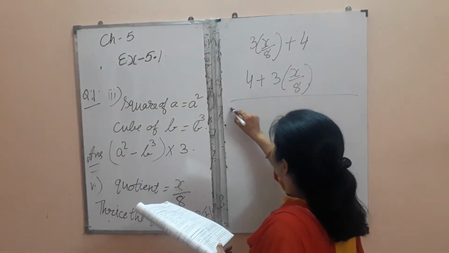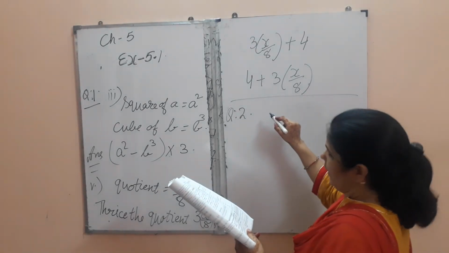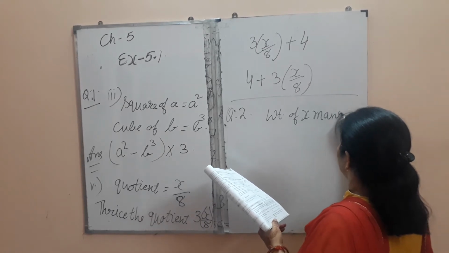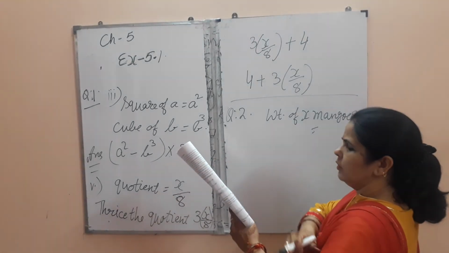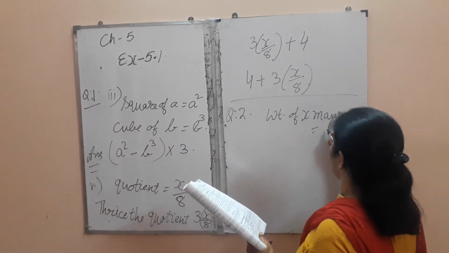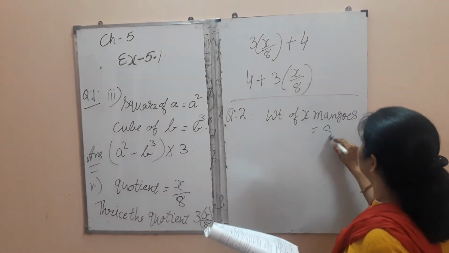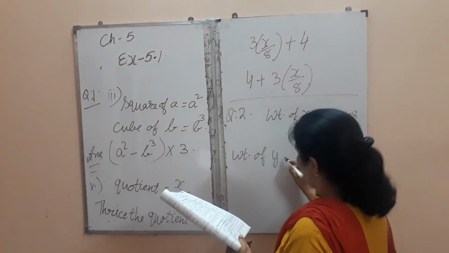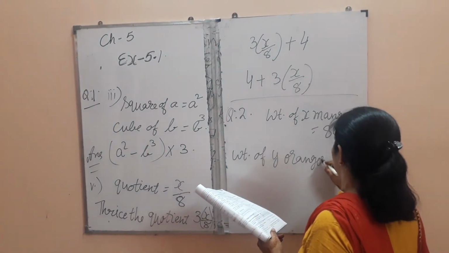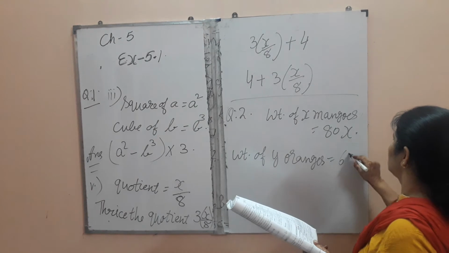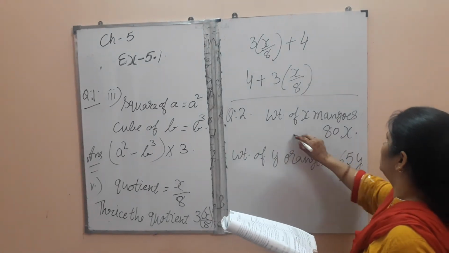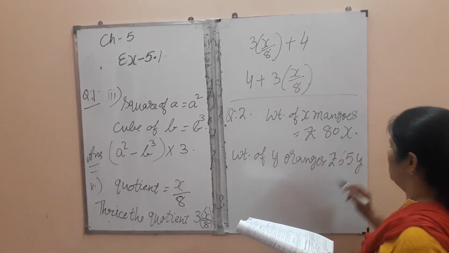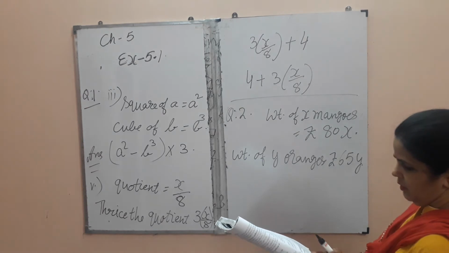So question number 2: weight of x mangoes, one mango weighs 80 grams, so x mangoes will be 80x, and weight of y oranges, one orange weighs 65 grams, so y oranges will be 65y. Now find the total weight.